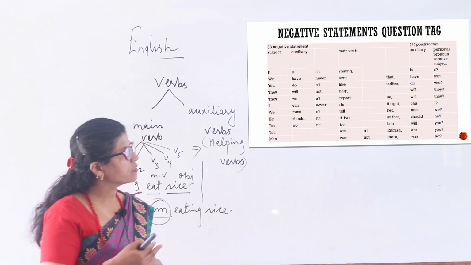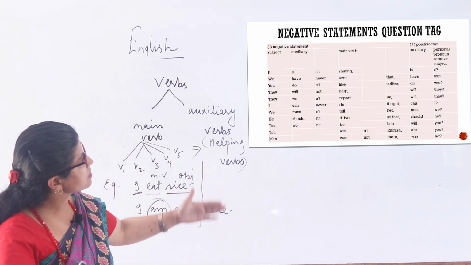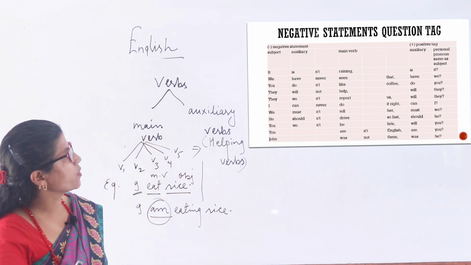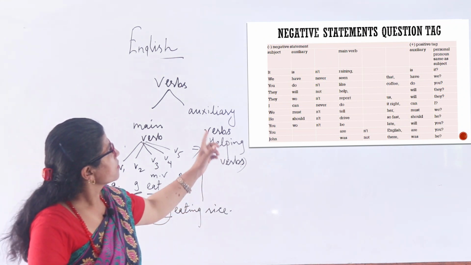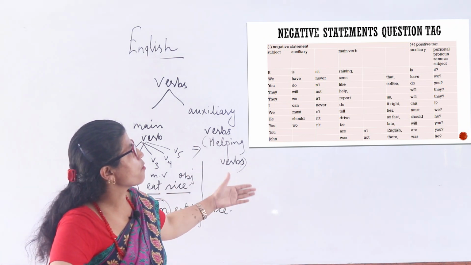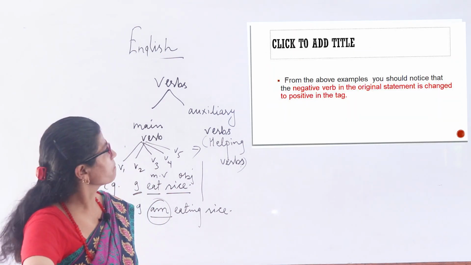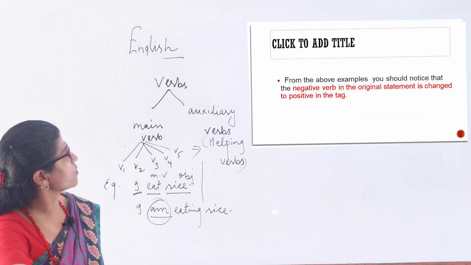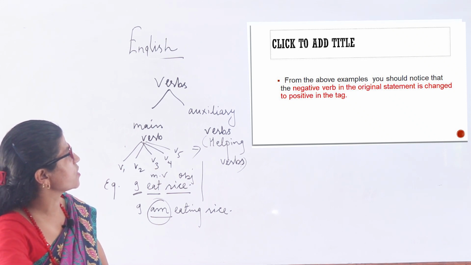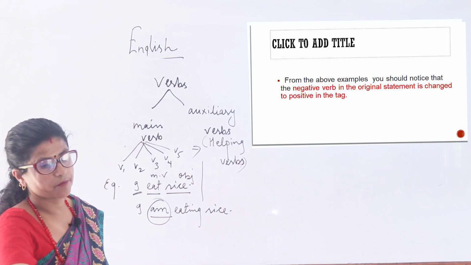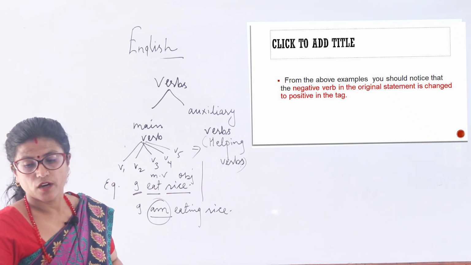From these examples we can conclude that a negative statement always takes a positive tag. From the above examples, you should notice that the negative verb in the original statement is changed to positive in the tag.